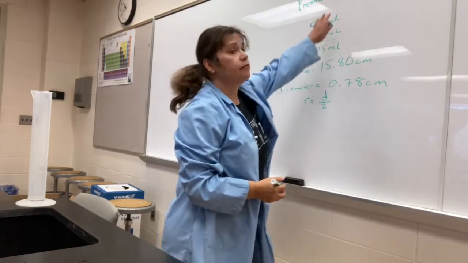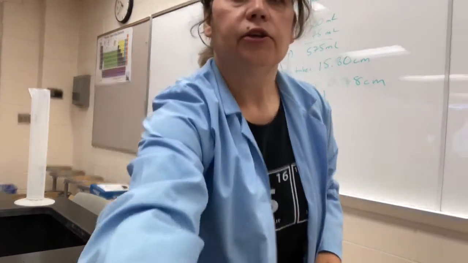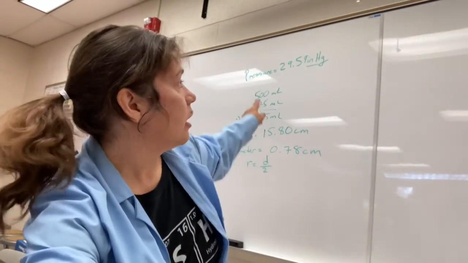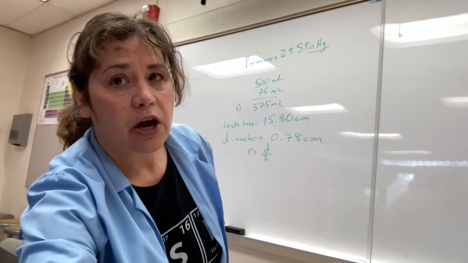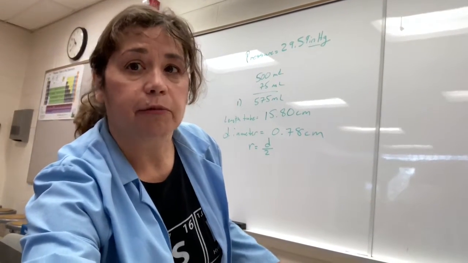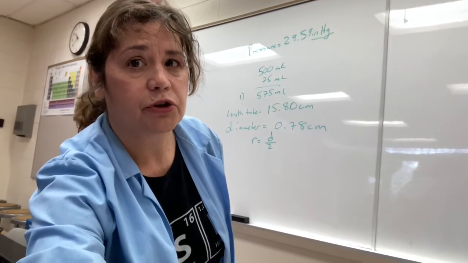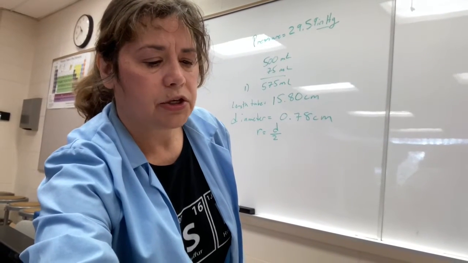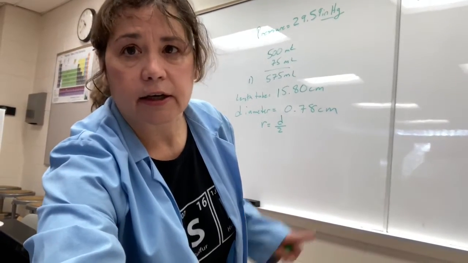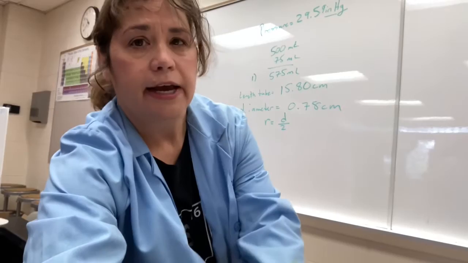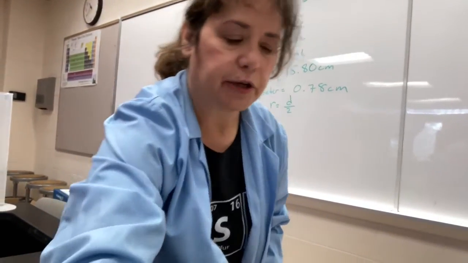So you're going to have to convert that 29.59 into centimeters of mercury. So that's simply converting from inches to centimeters, which you should already know how to do. So that is the value that you're going to put on line 6. Convert that inches to centimeters and place it on line 6 in your data sheet.